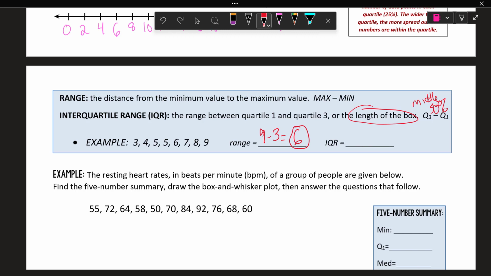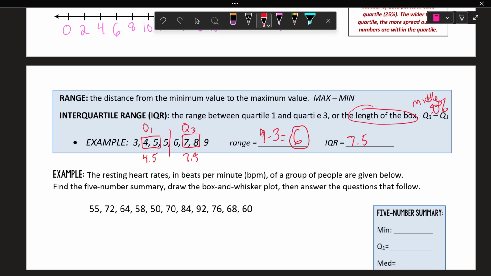And if we find our Q1 and Q3, so our median would be there. We don't need to find the median. Q1 would be the mean of those two. Q3 would be the mean of those. So Q1 is 4.5, and Q3 is 7.5.